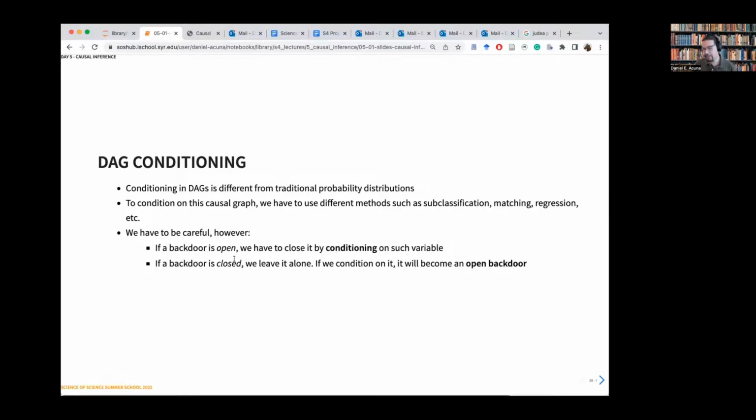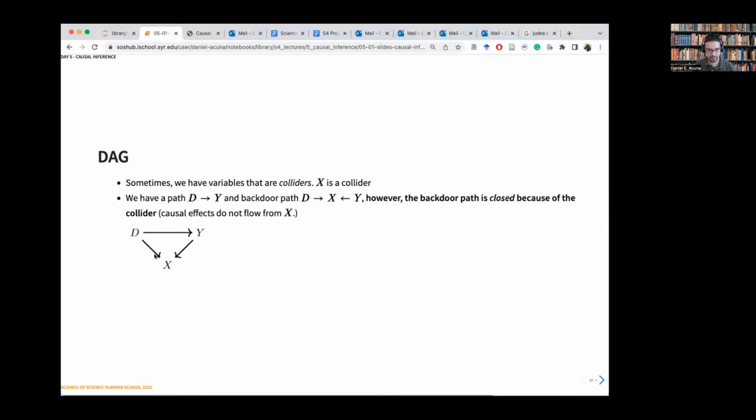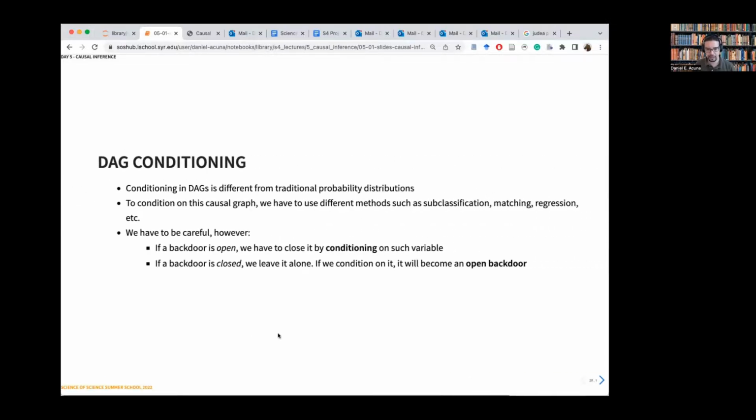So if the backdoor is closed, we leave it alone. We have this case, we leave the backdoor like this, because there won't be flow of information. We can estimate the causal effect between D and Y. However, if we condition on that variable, it will open the door.